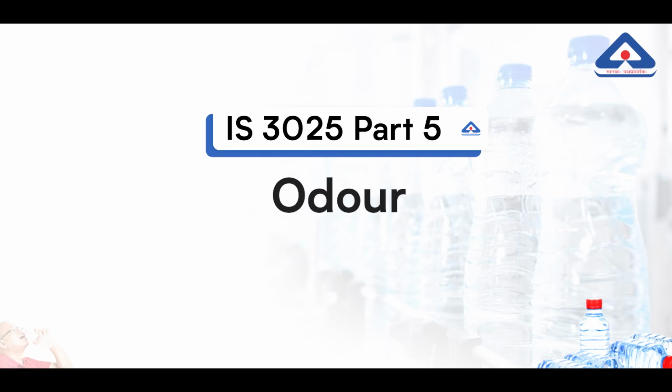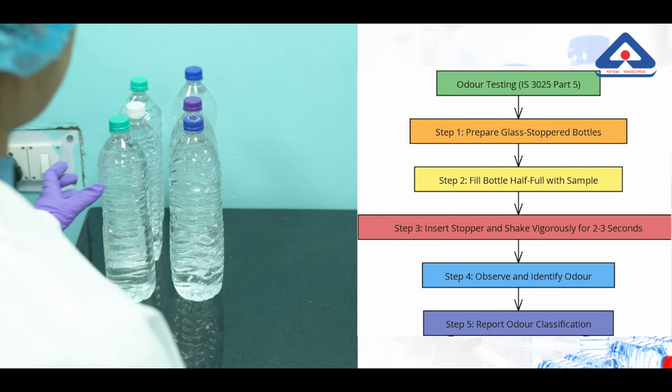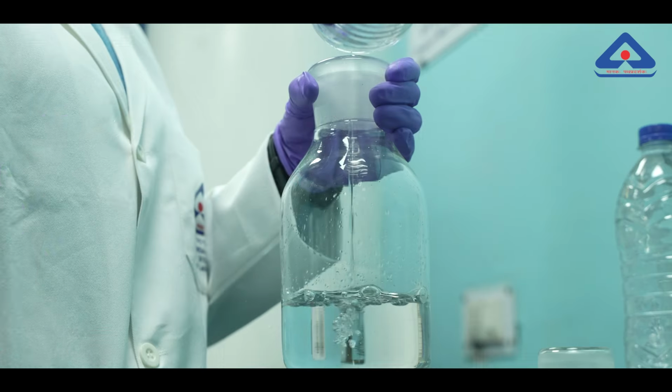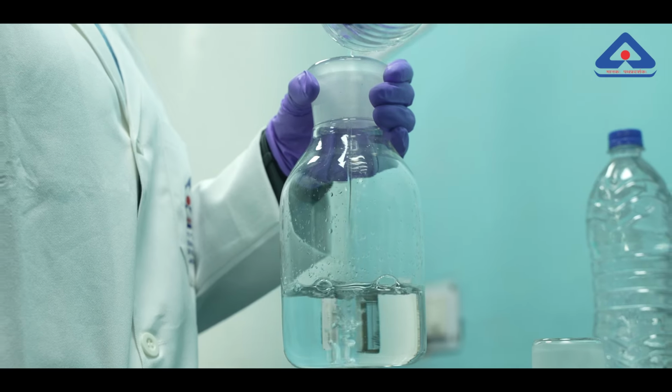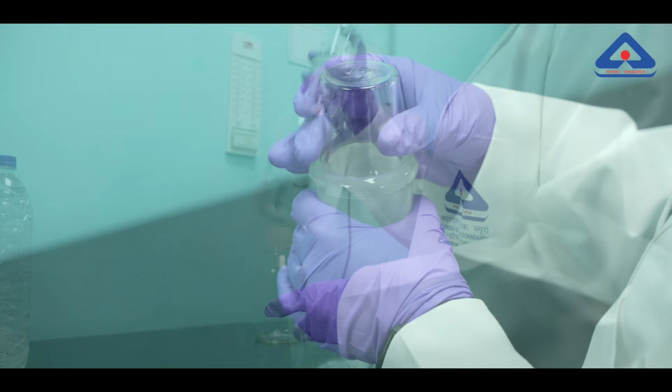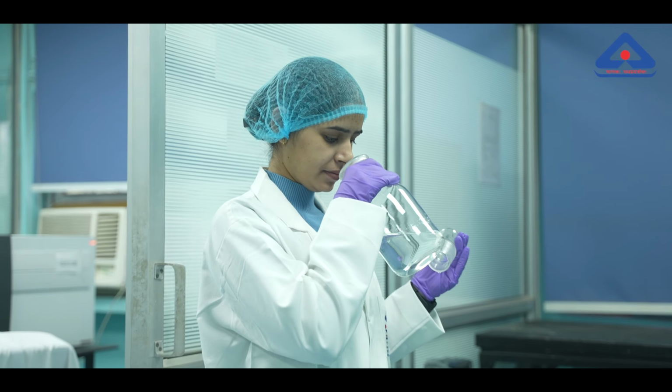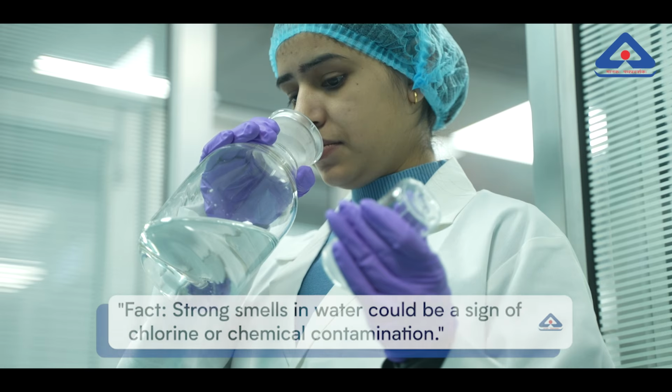Odor parameter testing, IS 3025 Part 5. Odor testing ensures the water is free from unpleasant smells. Basic steps include filling a wide-mouth bottle, inserting the stopper, shaking it vigorously for 2 to 3 seconds, and then quickly observing the odor.